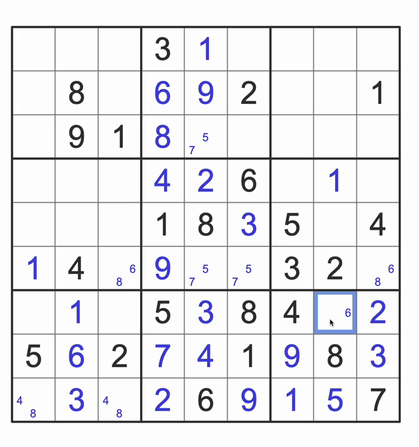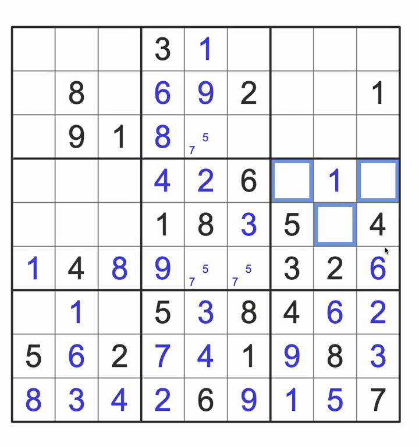And this is 6. This 6 blocks this cell. This 6 blocks these. Gives me 6 here, which gives me 8. 4, 8. These are 7, 8, 9.